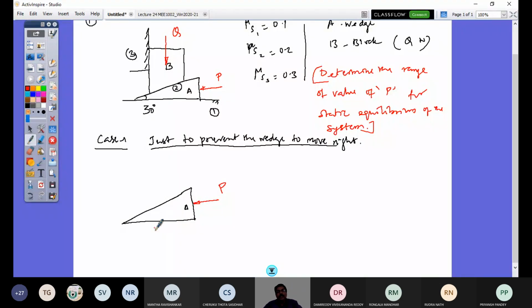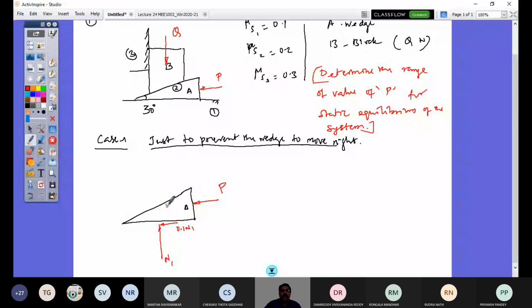The direction of friction should be in the other way, so towards the left. So this is my friction force, and I would have here the normal. So this is N1, and here it is 0.1 N1. All right, and the weight of the wedge can be neglected compared to that of this load. So it's not given, so you don't need to worry about the weight of this wedge A.